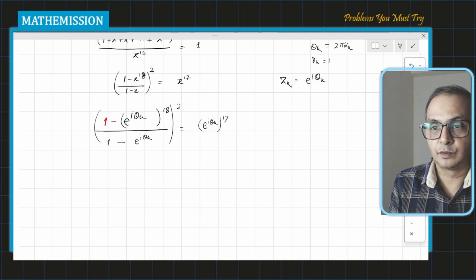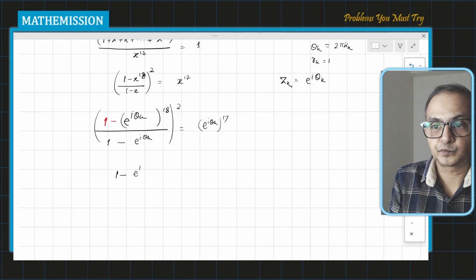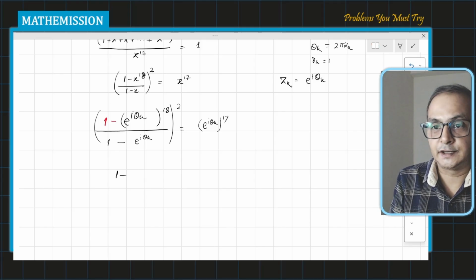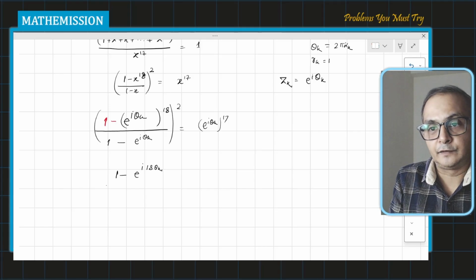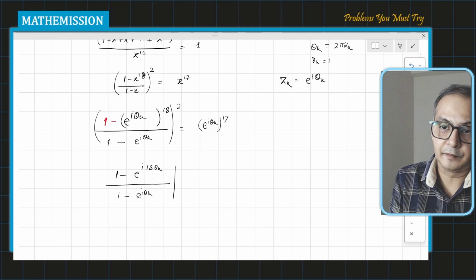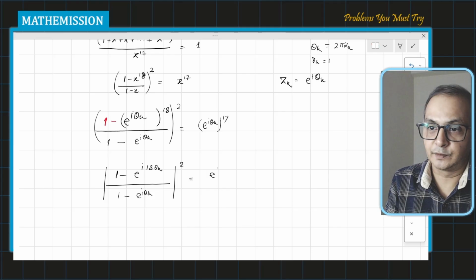So taking the magnitude on both sides, we get 1 minus e to the power i 18 theta k, divided by 1 minus e to the power i theta k, magnitude, and here also the magnitude of this. This is squared, by the way. Let me write it first, then take the magnitude.